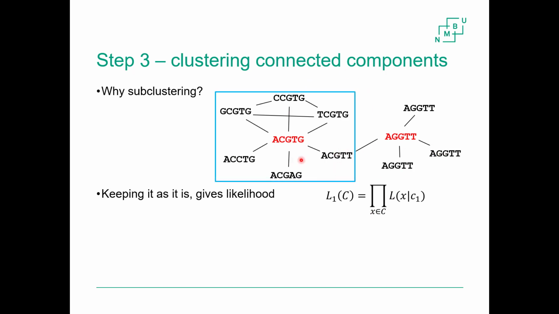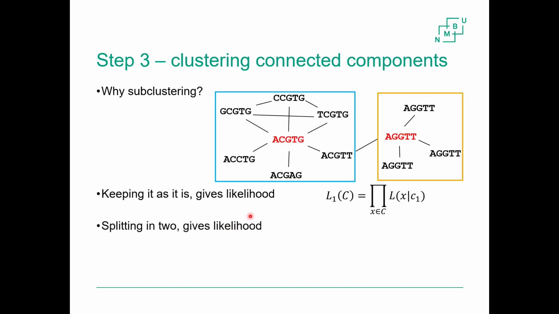If we now split this into two groups, like I indicate with these rectangles here, and this looks like a very smart way of splitting it, then we will have another likelihood that looks like this.